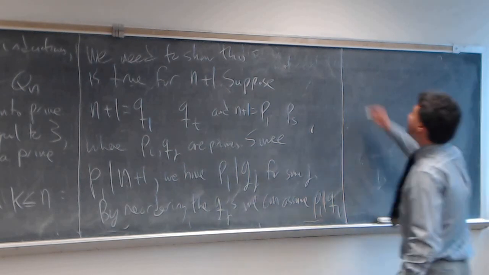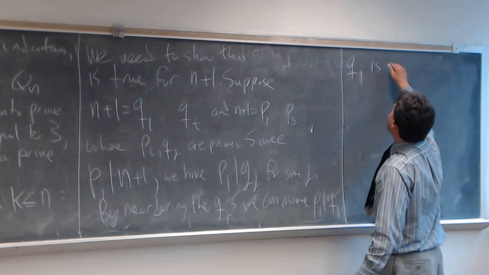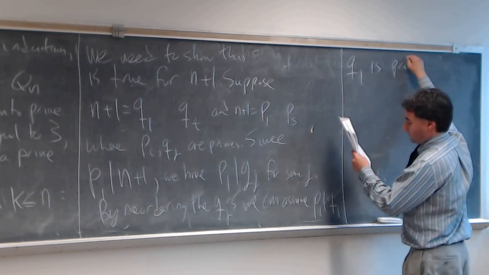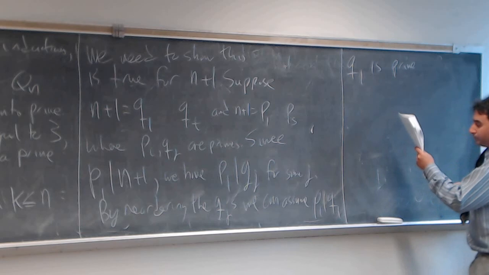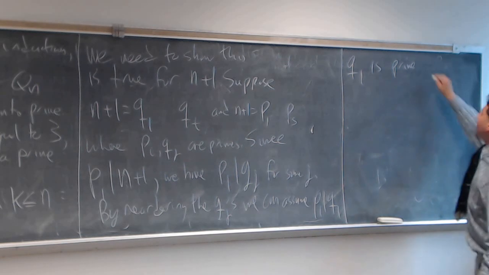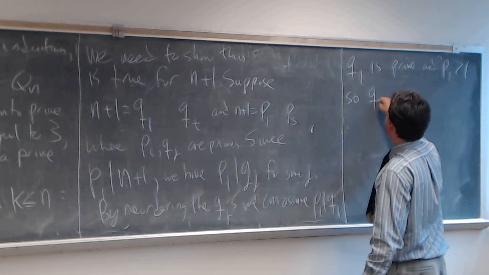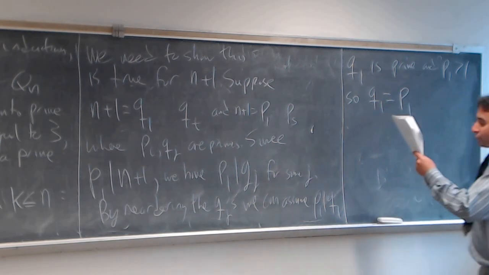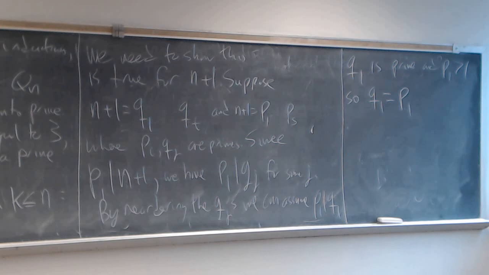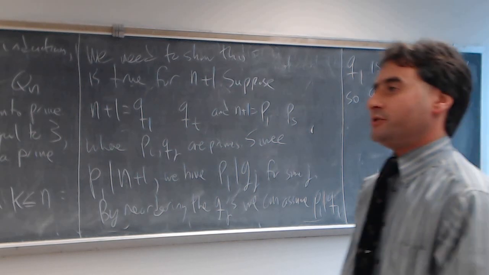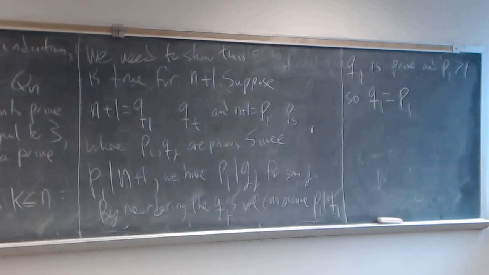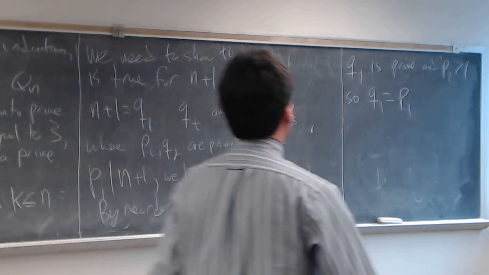So what do we have? q1 is prime, and p1 being prime is greater than 1. So q1 would have to equal p1. Right? Because the only things that can divide q1 are q1 and the number 1. Well, p1 divides q1, but p1 is not the number 1, so it has to be q1.